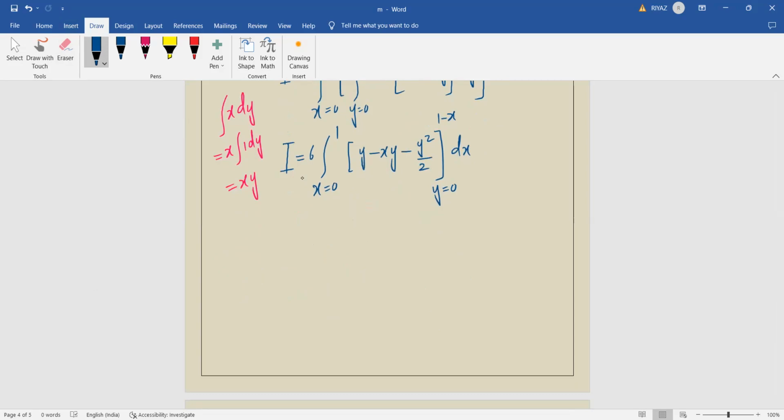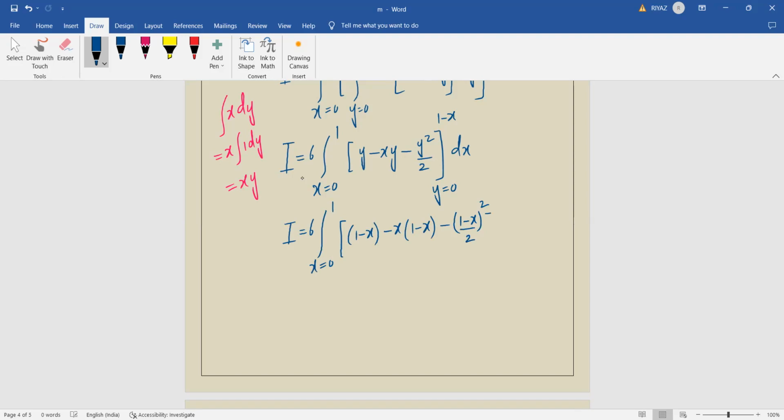In place of y we have to put 1 minus x: 1 minus x, minus x into 1 minus x, minus, in place of y, 1 minus x whole square by 2, as it is.